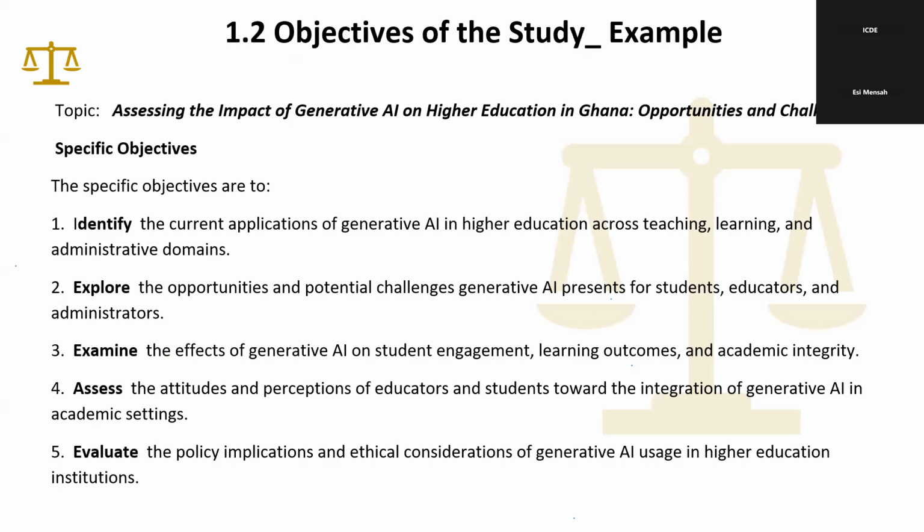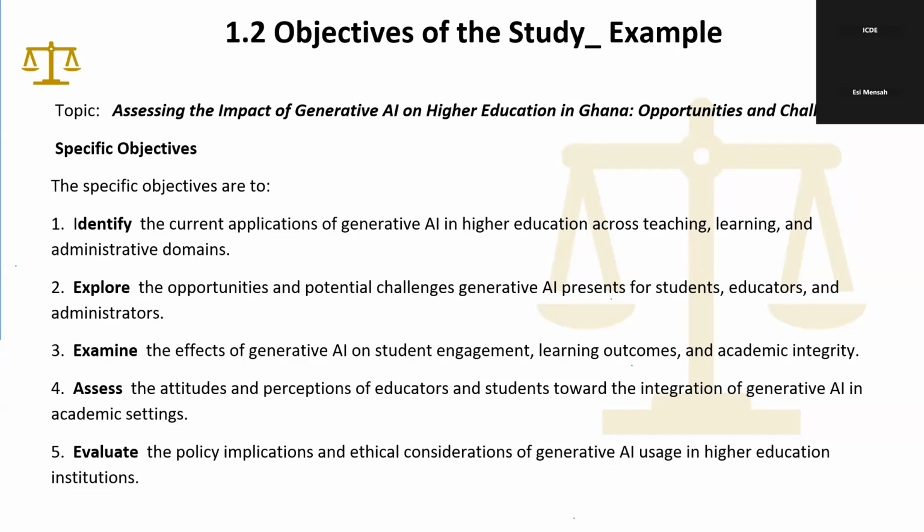Research question 1, based on specific objective 1: what are the current applications of Gen AI in higher education across teaching, learning, and admin domains? 2, what are the opportunities that Gen AI presents for students, educators, and administrators? 3, what are the effects of Gen AI on student engagement?